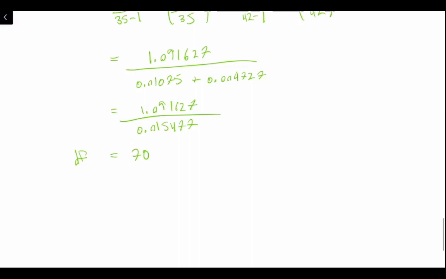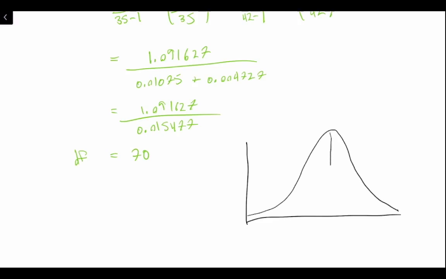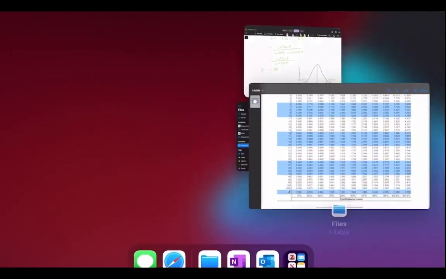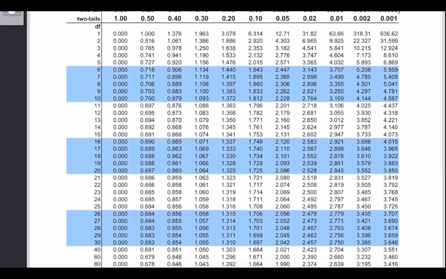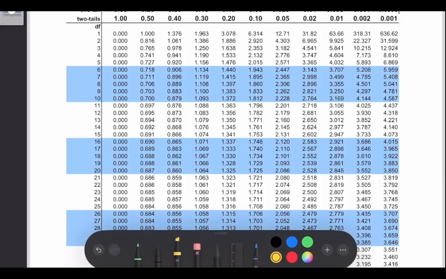So we remember that if we're going to look at a significance of 0.05, we want 0.025 in each tail. What we're looking for is our T critical here at 70 degrees of freedom. We don't have 70 degrees of freedom, but let's first look up our confidence level.